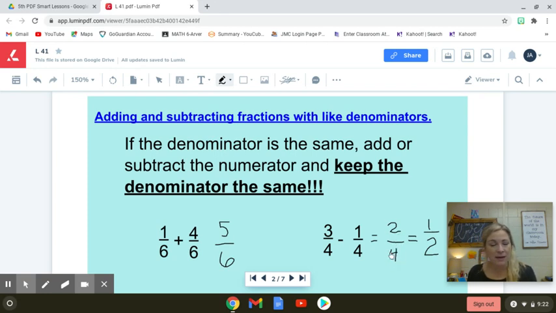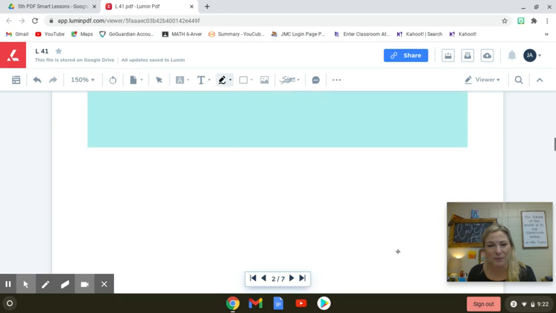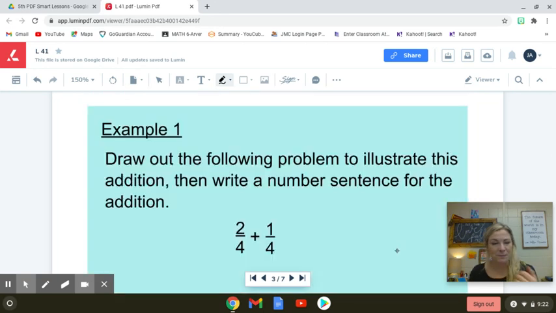Do they have a factor that they can divide by to minimize or simplify this? 2 divided by 2 would give us 1. I'm just going to write this right here for note's sake. We're going to divide the top and bottom, numerator and denominator, by 2. 2 divided by 2 is 1. 4 divided by 2 is 2. That's where I get my 1/2.